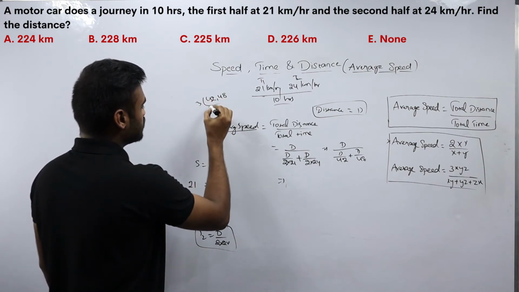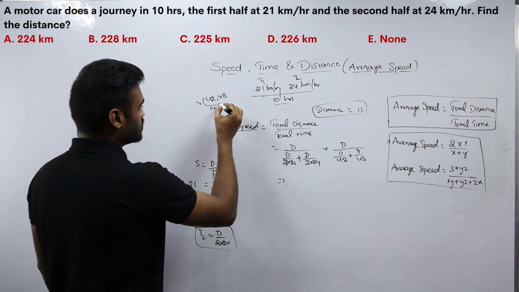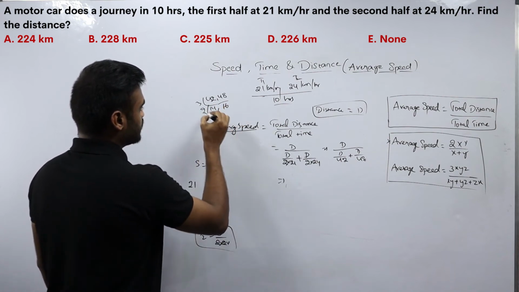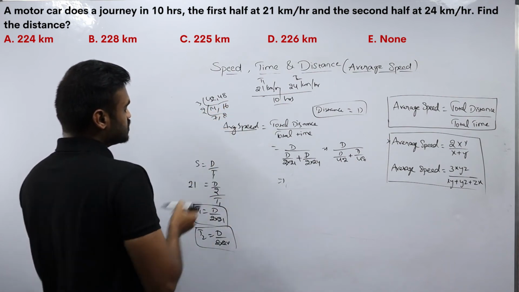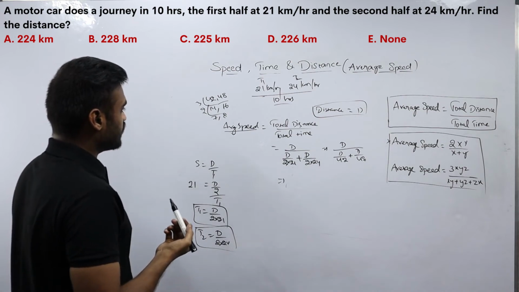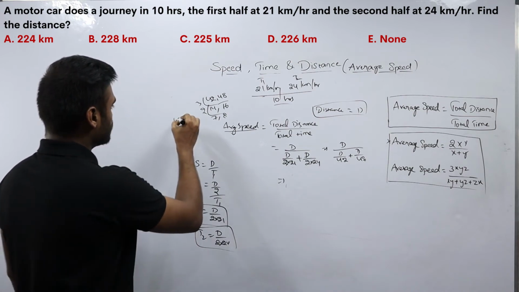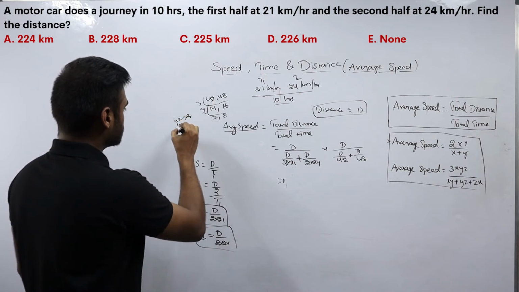Now the LCM of 42 and 48: 3 14s are 42, 3 16s are 48, and 2 7s are 14, 2 8s are 16, so 3 into 2 is 6, 6 7s are 42 and 42 into 8 is 336.